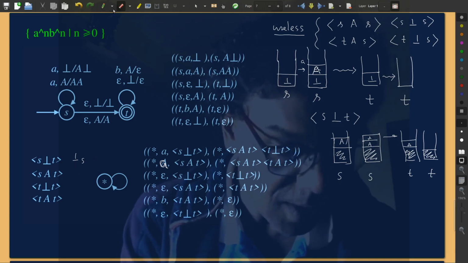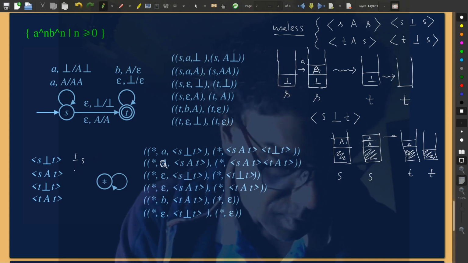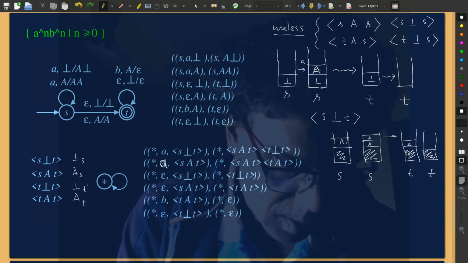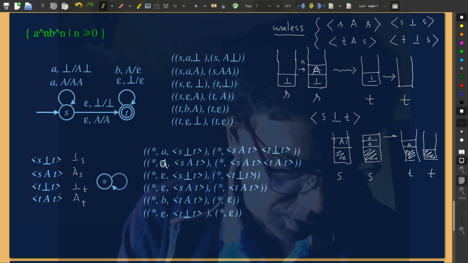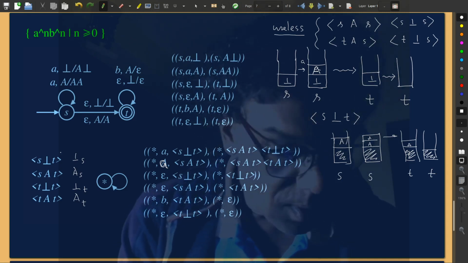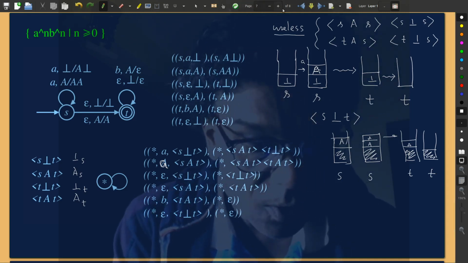This as A sub S, A sub T, and this sub T. This is always T, so it doesn't matter. I do not have to remember this. Okay. So I can simplify this machine as follows.